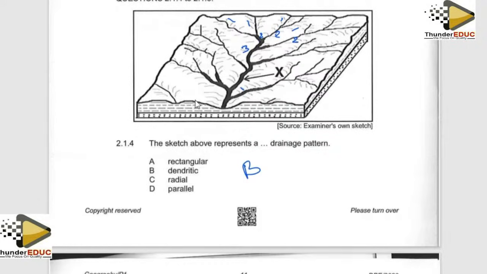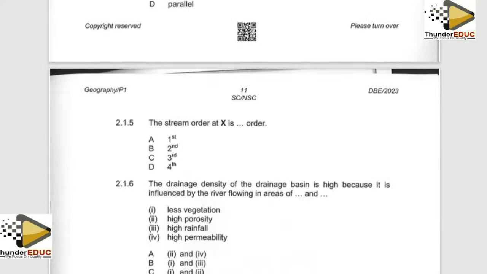This is 1, so 1 and 1 is 2, so we keep 2 here. This is 1. This is 1. Therefore, obviously, this is 3. So X is 3, and we have the third stream order there. Yes. So the answer is C.